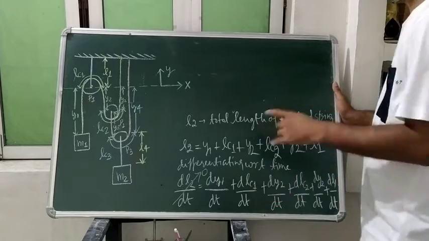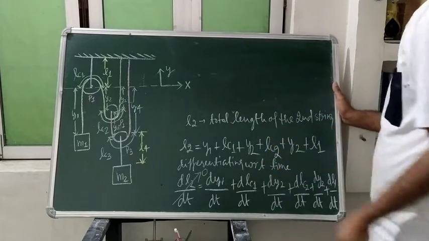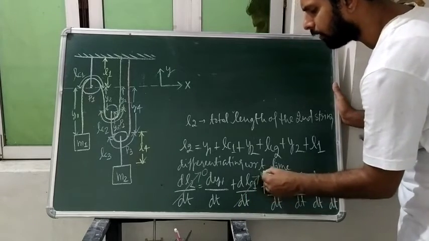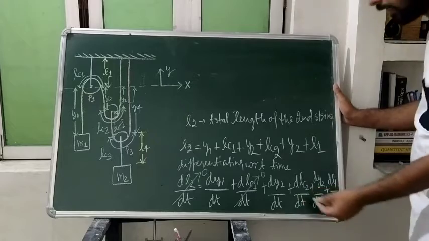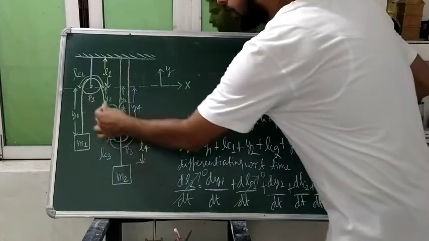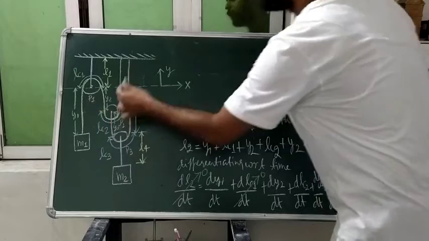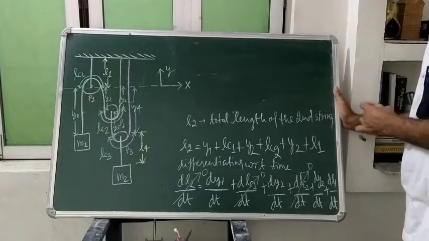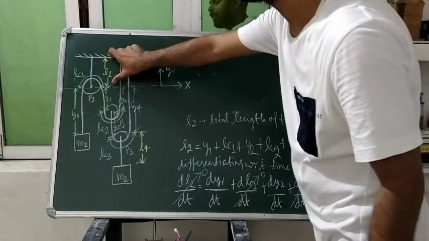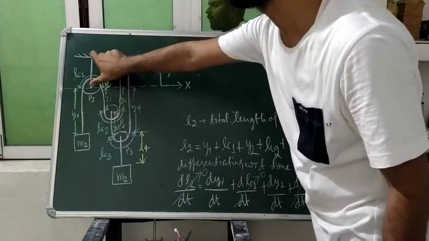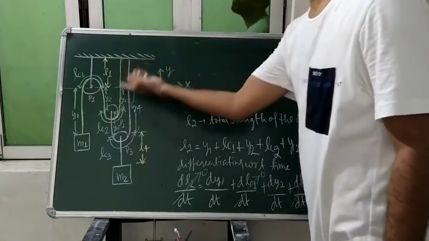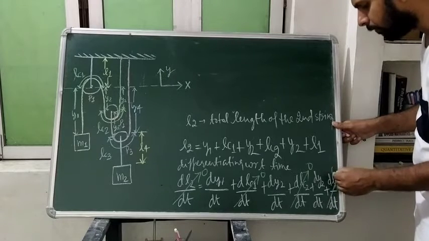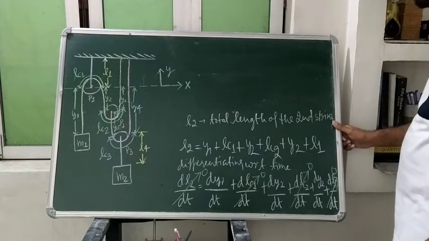Again and again the same length we get when the movement takes place. So LC1 is also constant, so its differentiation becomes 0. And again for LC2, the length of the string over the pulley is not going to change, so its differentiation becomes 0. And this pulley is fixed here, so the length of the string present here is constant. So dL1 upon dt will also be equal to 0.